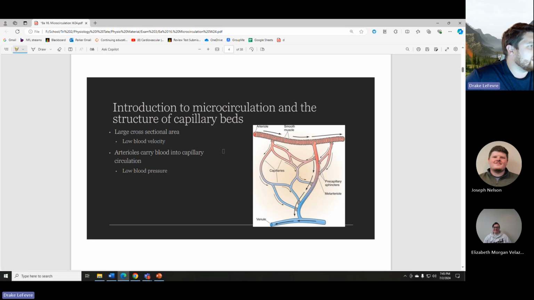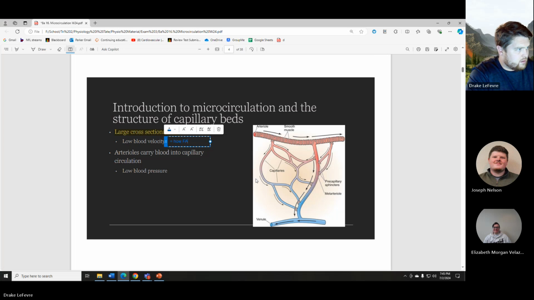So because there's so many capillaries, we talked about the large cross-sectional area. We talked about last week how a large cross-sectional area is related to velocity. Velocity is how fast the blood moves through.